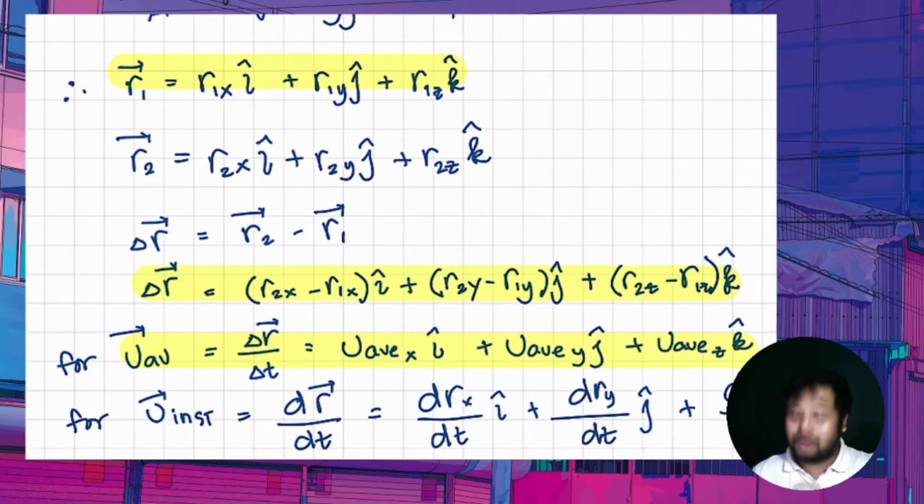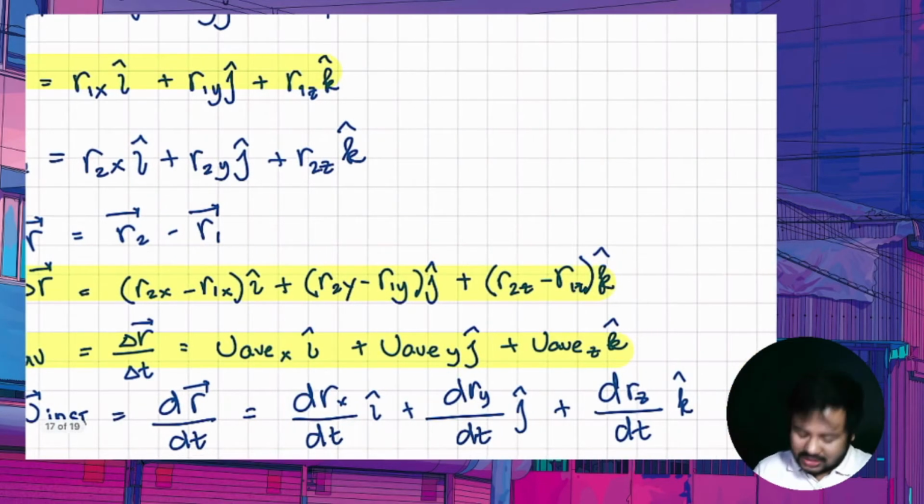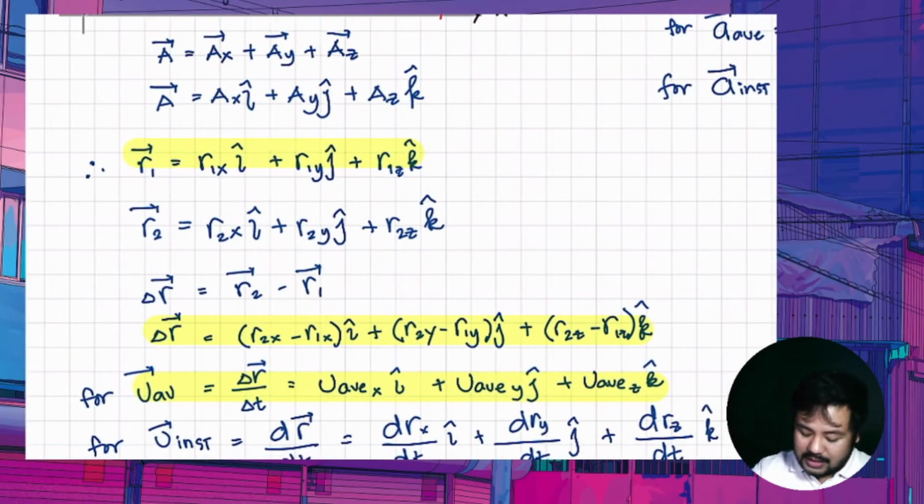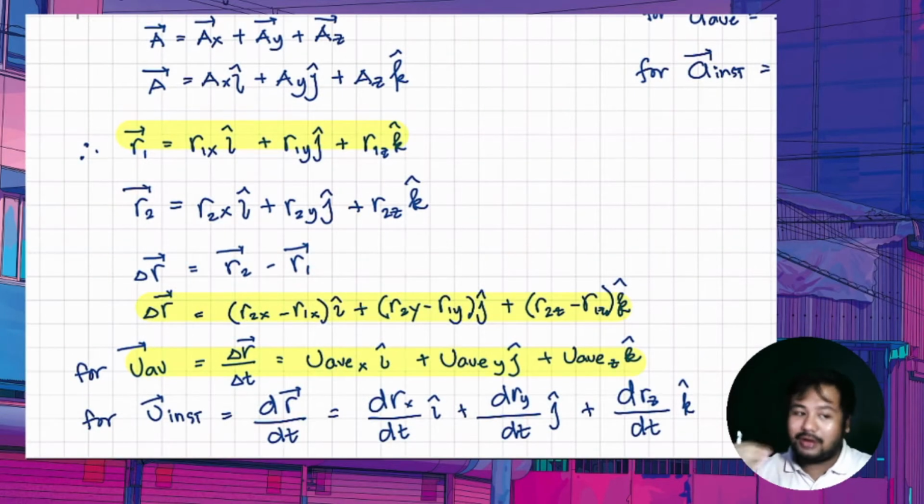So you have your instantaneous velocity along the x, along the y, and then along the z axis. Okay, so that's how we understand now our motion in 2 to 3 dimensions in terms of velocities.